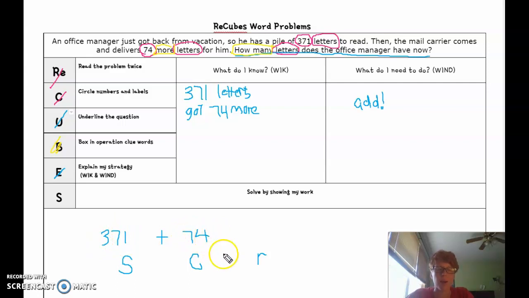And then our result. This is where you could put down the missing variable if you needed to. So we could put down L for letters, capital L. 371 plus 74 equals L. And then we could go over here and let's solve it. 371 plus 74.